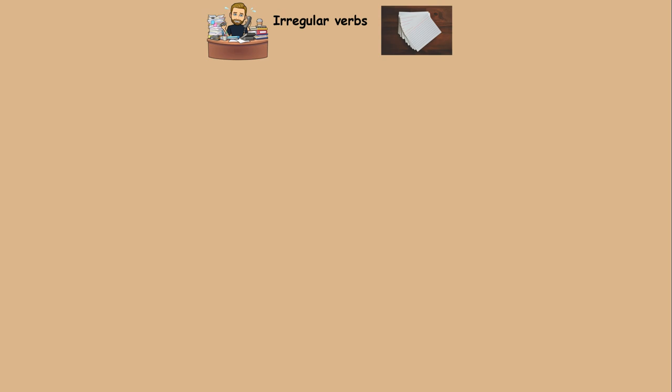But some words don't follow any rules. They are called irregular verbs. You have to learn them by heart. Here is a list of some irregular verbs. Be, go, eat, have, write, begin, bring, and the simple past forms.